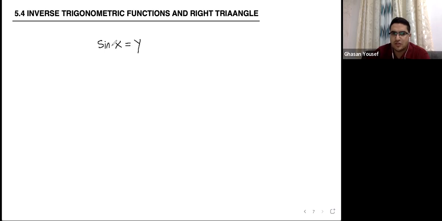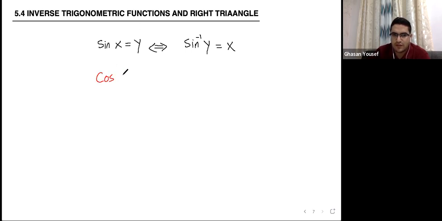If we want to do the inverse for both sides, taking the inverse sine of both sides, you will get x equals sine inverse of y. And the same thing for the cosine.